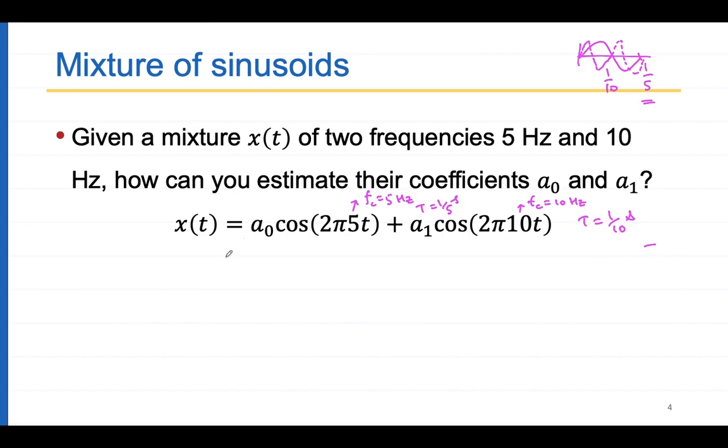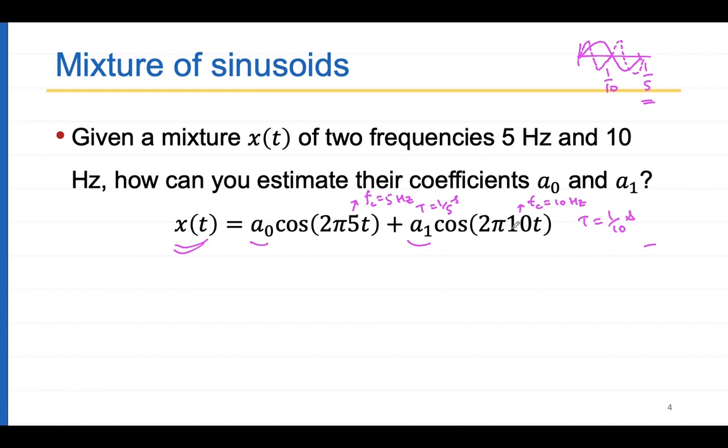Okay, now let us see. If I have A0 and A1, meaning they are mixed with some coefficients, can I estimate those coefficients if I do not know the expression for it, but I am just given x(t) values? If I am given an x(t), can I estimate the A0 and A1?